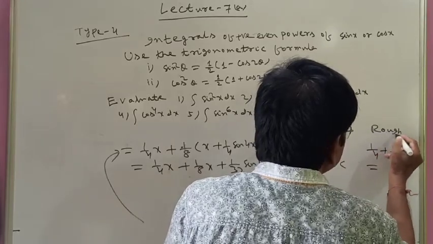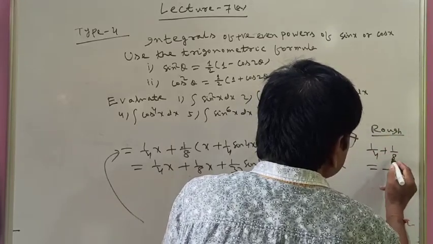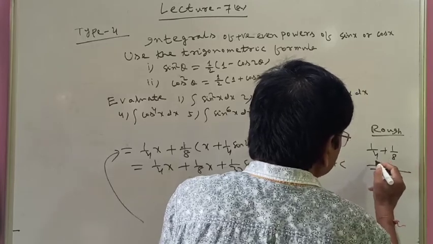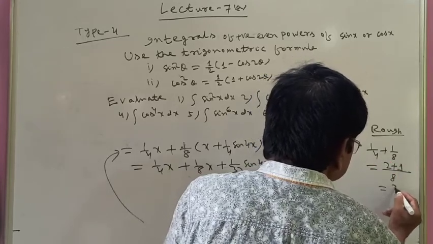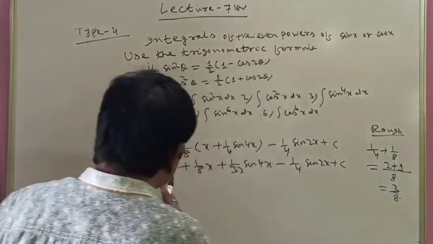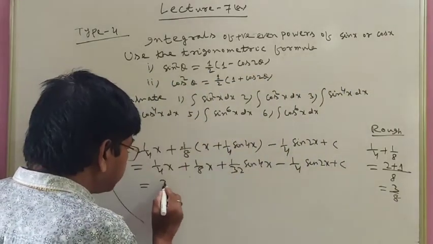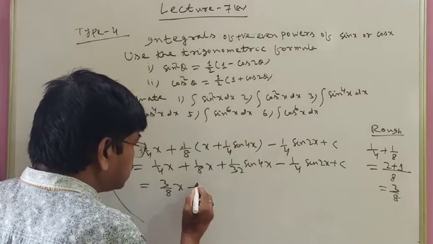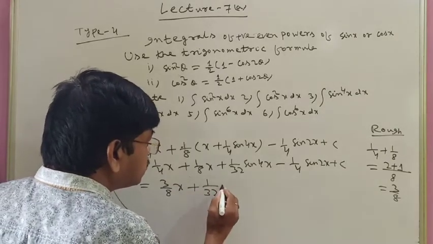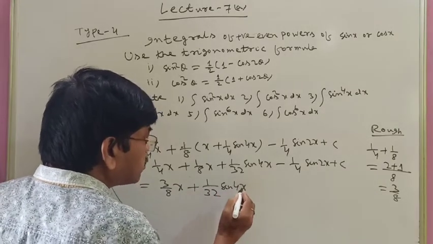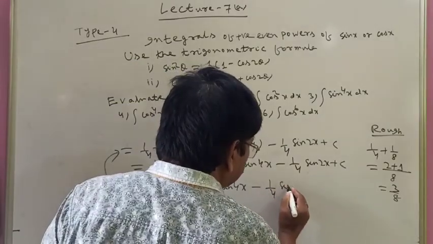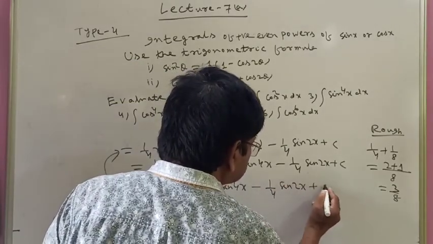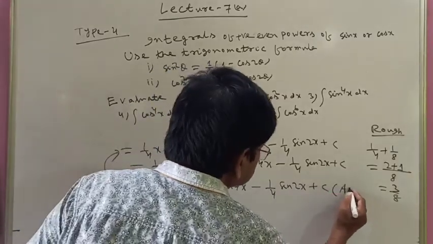The LCM of 4 and 8 is 8, 8 by 4 is 2, so 2 plus 1 is 3 by 8. So this is 3 by 8x plus 1 by 32 sin 4x minus 1 by 4 sin 2x plus a constant c. So this is your answer.